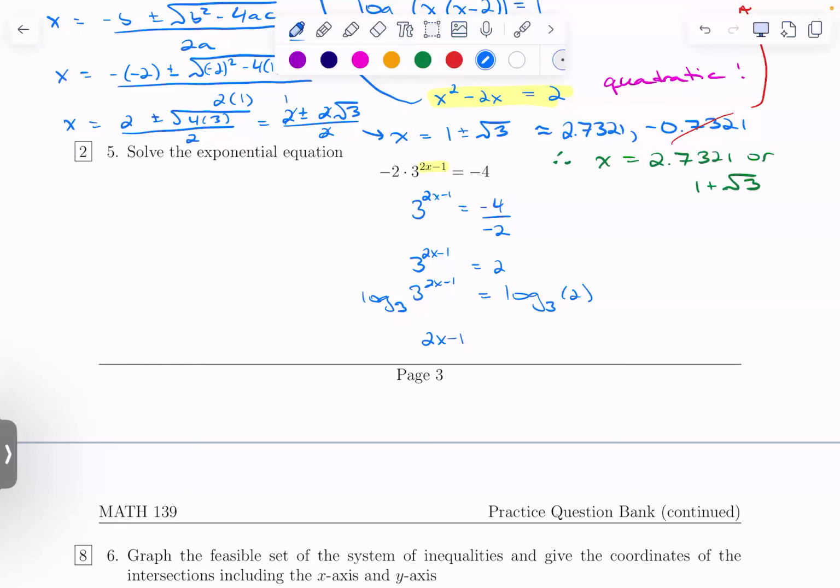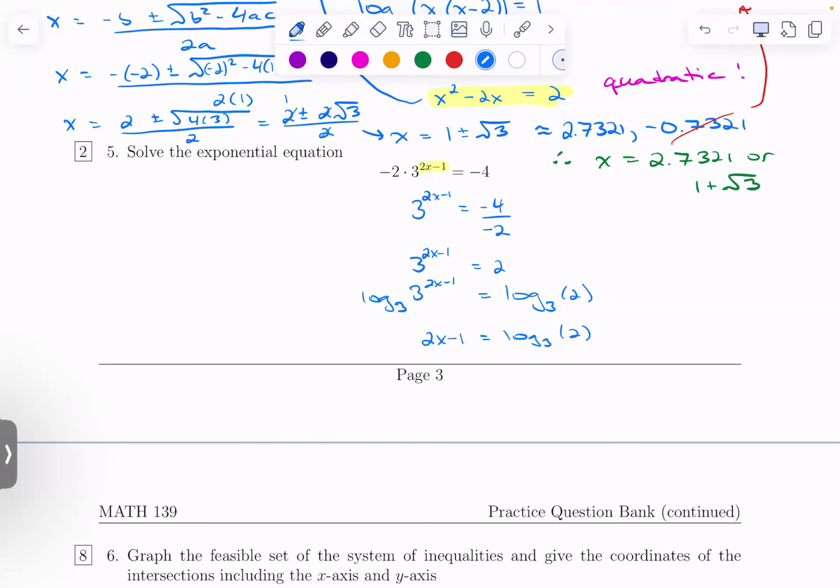Technically, it's multiplying log base 3 of 3, which is equal to 1, but we don't write that typically. It is equal to log base 3 of 2. Log base 3 of 2 is just a number. It's just the exact form of a number, just like a fraction would be.